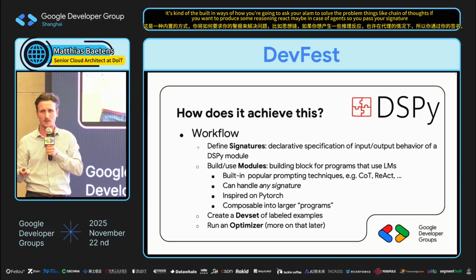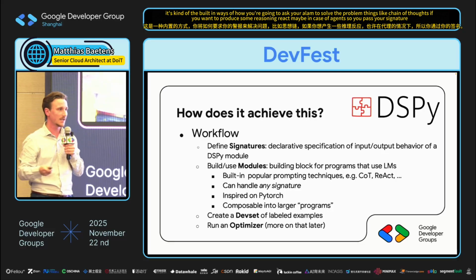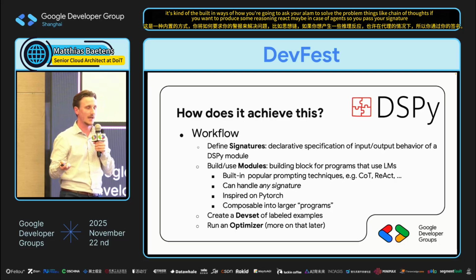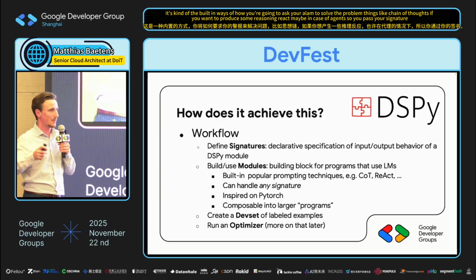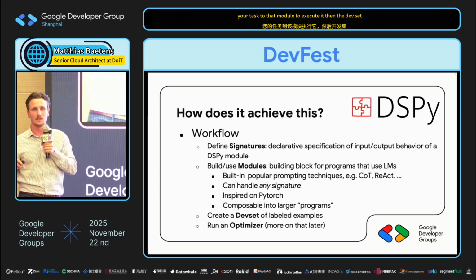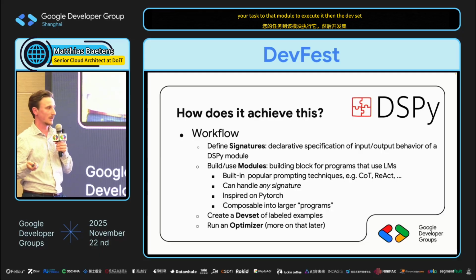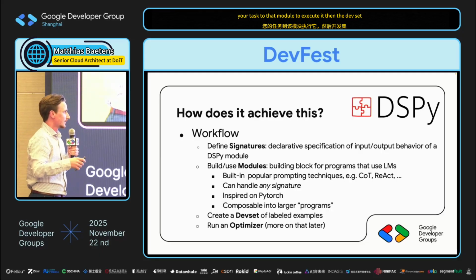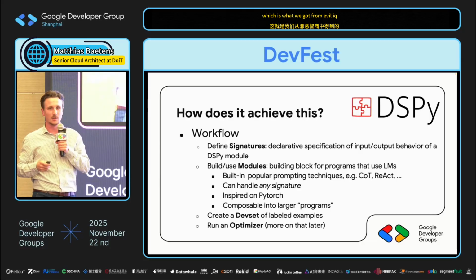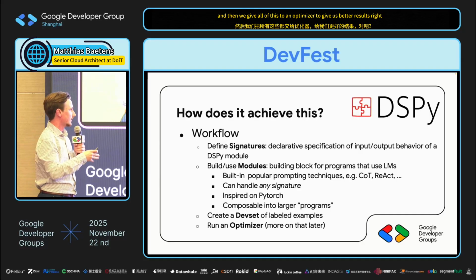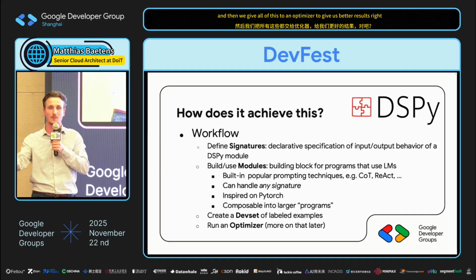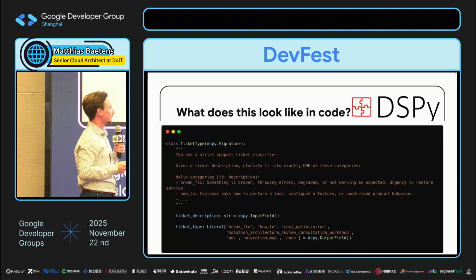Things like chain of thought, if you want to produce some reasoning, ReAct, maybe in case of agents. So you pass your signature, your task, to that module to execute it. Then the dev set, which is what we got from EvalIQ, and then we give all of this to an optimizer to give us better results, right?